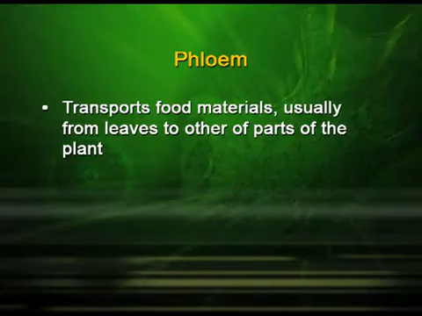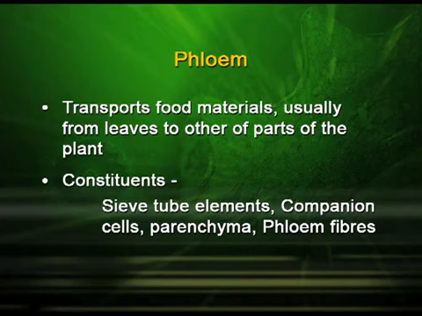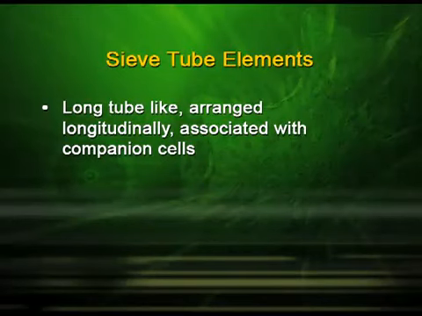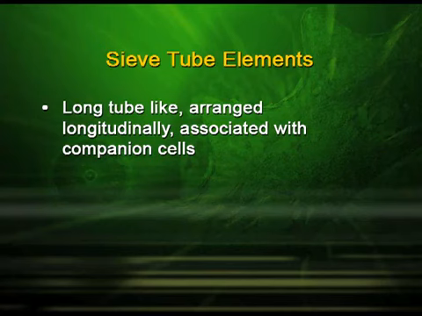Phloem is known as the food conducting tissue. It transports food materials usually from leaves to other parts of the plant. Its constituents are sieve tube elements, companion cells, phloem parenchyma and phloem fiber. Sieve tube elements. They are long tube-like cells arranged longitudinally and associated with companion cells.